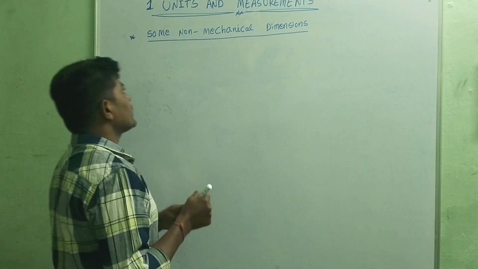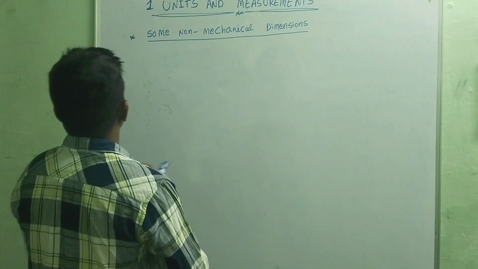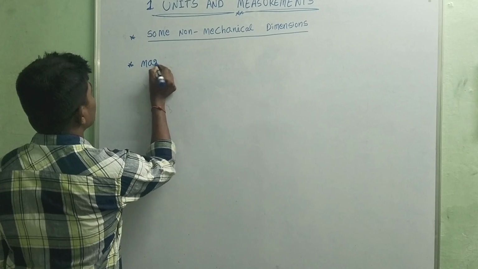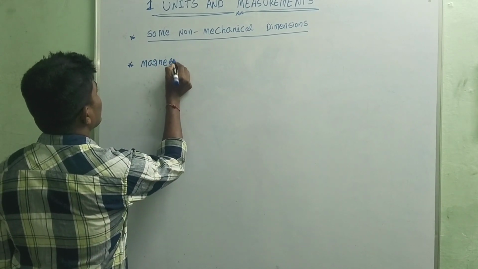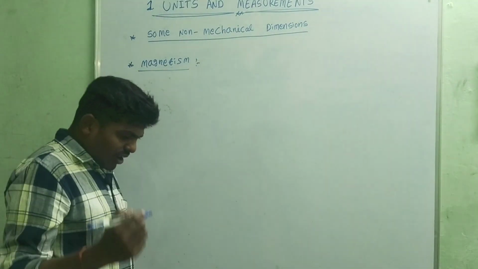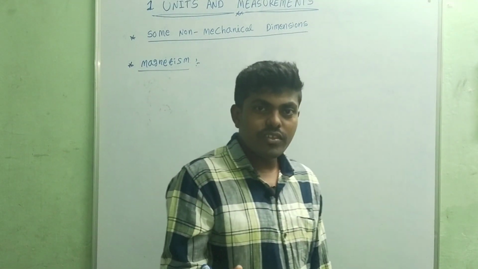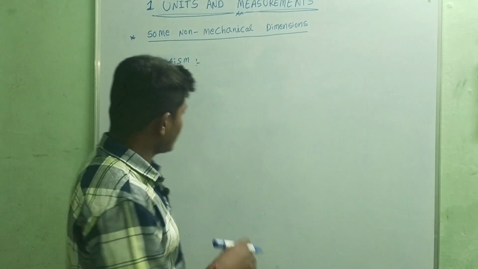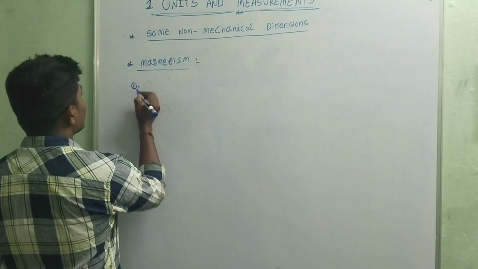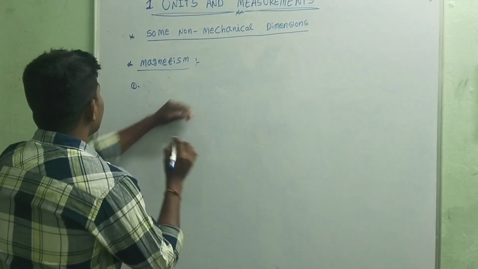In magnetism we want to solve the dimensions of the following physical quantities, so we can see them one by one. First one is magnetic flux.